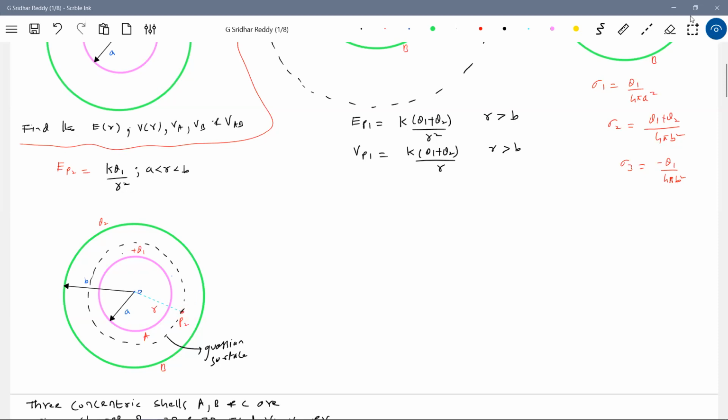So how to write the expression for potential? First we'll go for superposition. Assume that only the charge on shell 1 is present. The point P2 lies outside. For a conducting sphere, what is the potential outside? KQ by R. It's similar to this one. KQ1 by R.